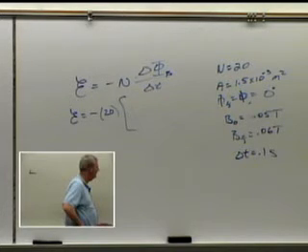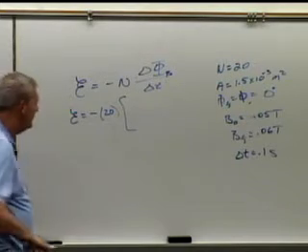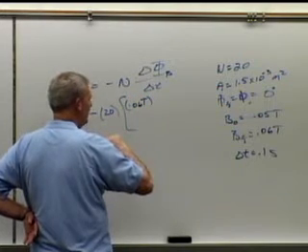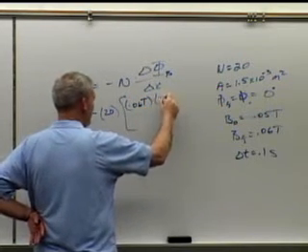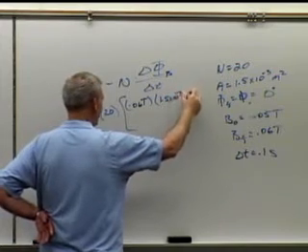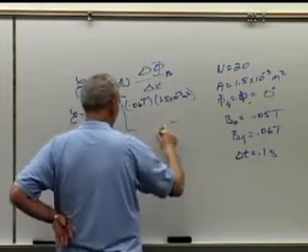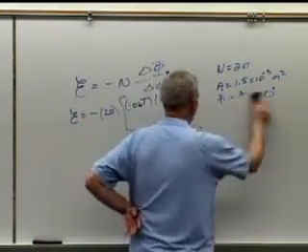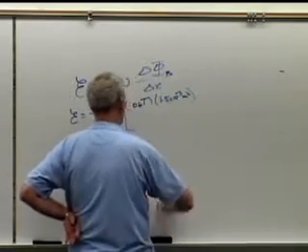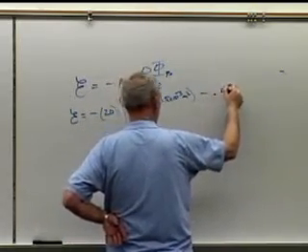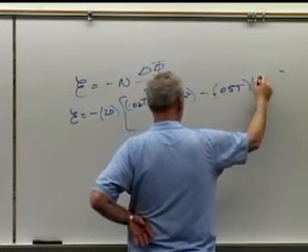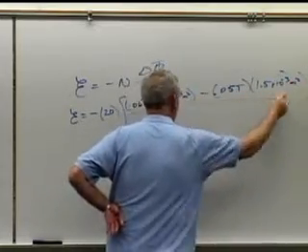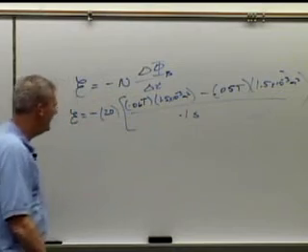So that's fine. And then we've got B final, which is 0.06 Teslas, times the area, which is 1.5 times 10 to the negative 3 meters squared, minus 0.05 Teslas times 1.5 times 10 to the negative 3 meters squared, over 0.1 seconds.